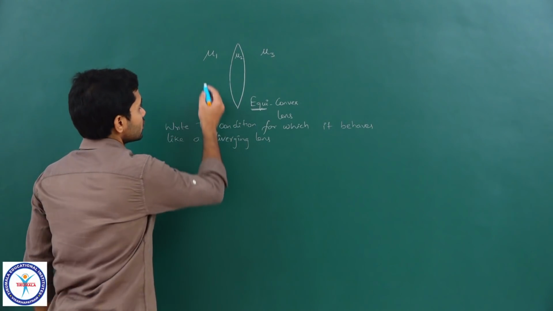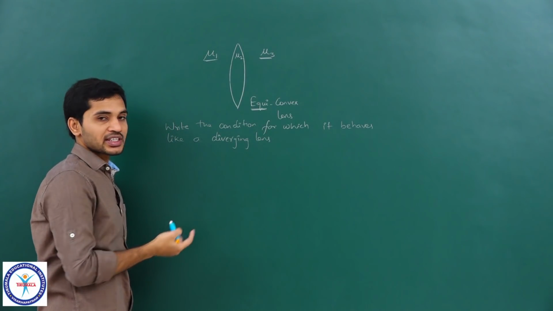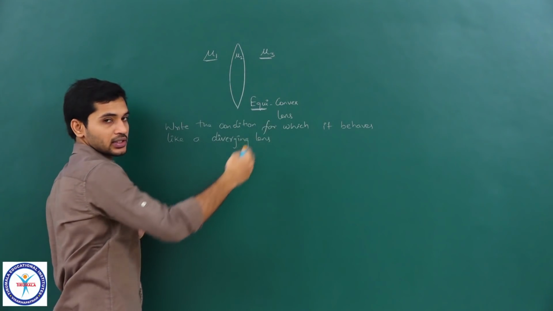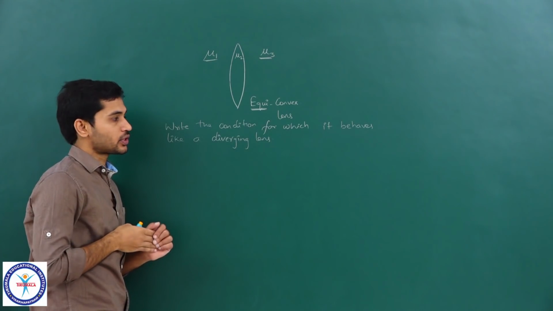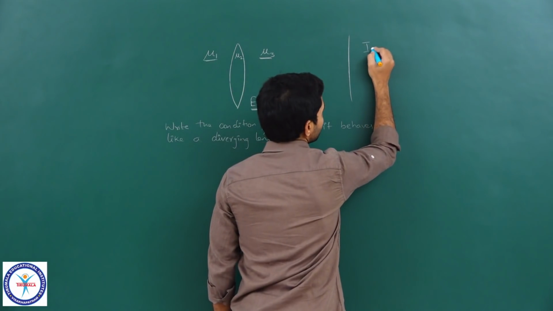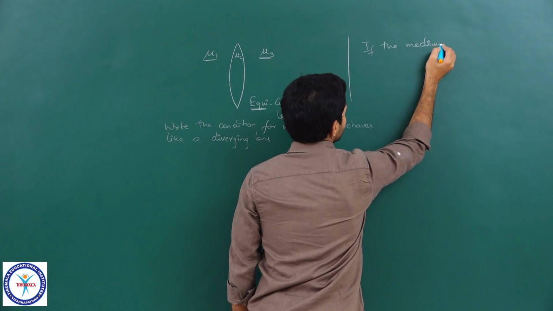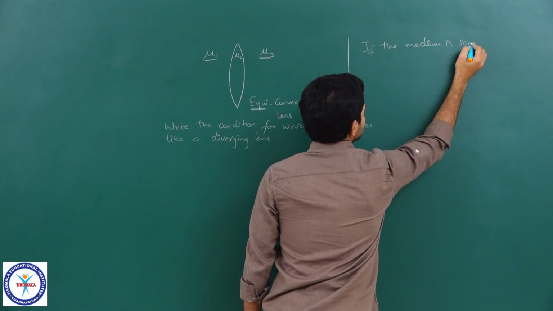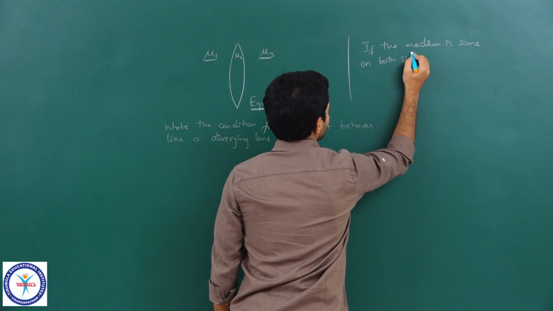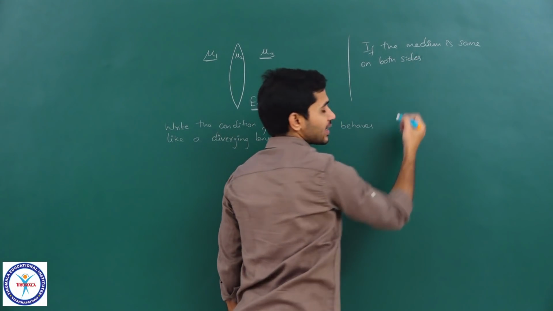In this case, if you observe, the medium on both the sides is different, correct. So, when the medium on both the sides is different, we know that we have to write the general expression for each surface and then understand that equation. If the medium is the same on both sides, then what is the condition we will write for it to behave like a diverging lens?